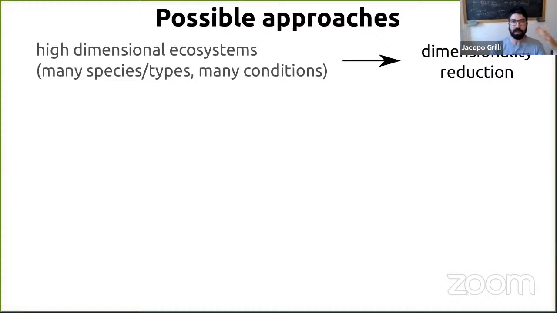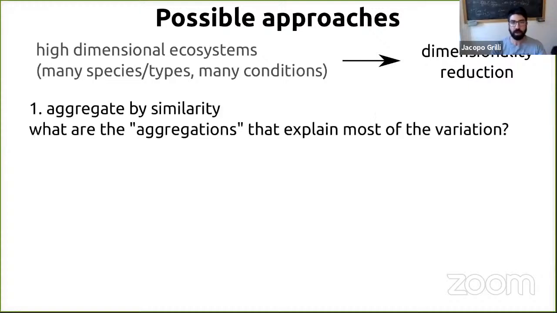I think that there are three ways to approach this. This is not exhaustive. There might be many more. But one way, which is the most standard way, is to try to aggregate species or communities and do a dimensionality reduction, looking at what aggregation of communities or species explain most of the variation.